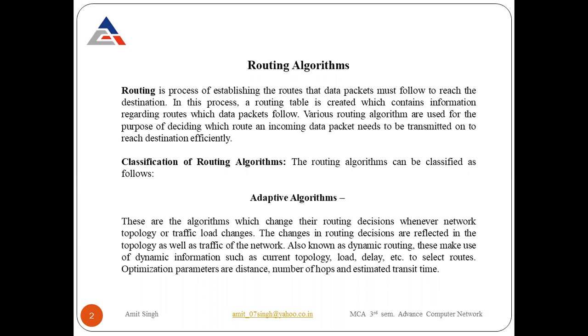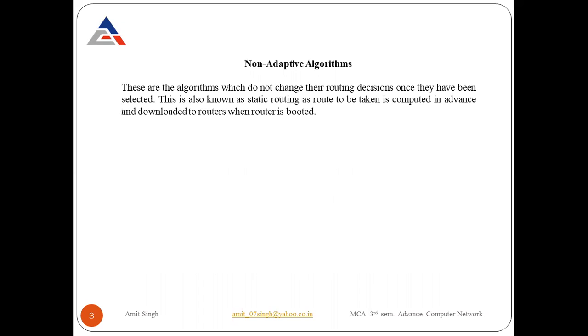And the second is non-adaptive routing. These are the algorithms which do not change their routing decisions once they have been selected. This is also known as static routing, where the route to be taken is computed in advance and downloaded to routers when the router is booted.